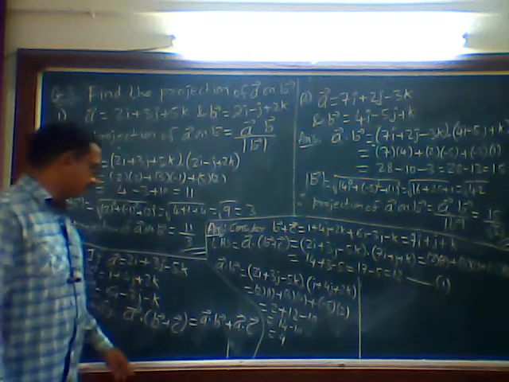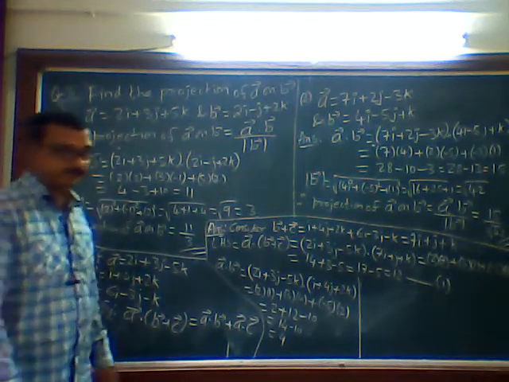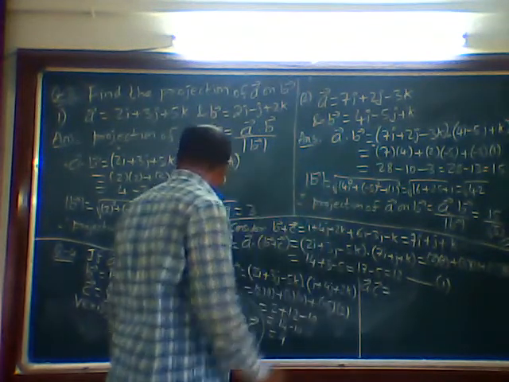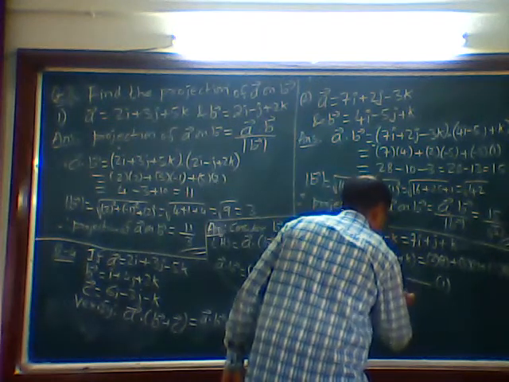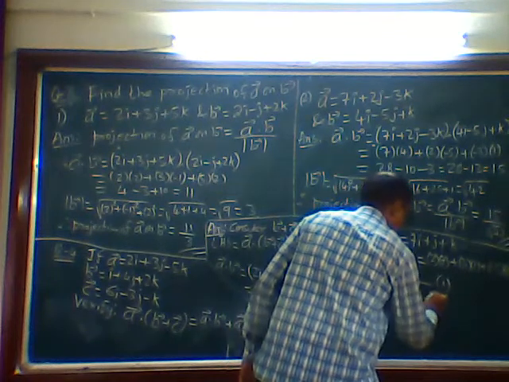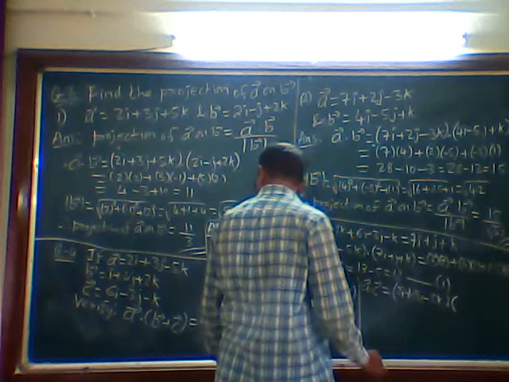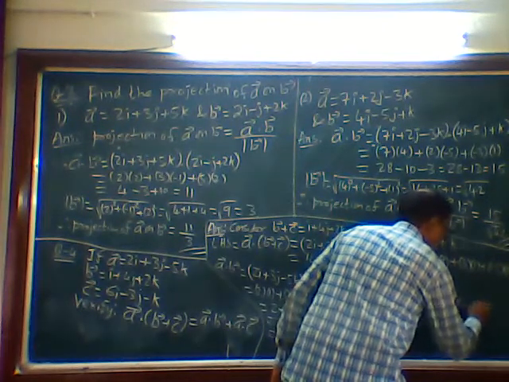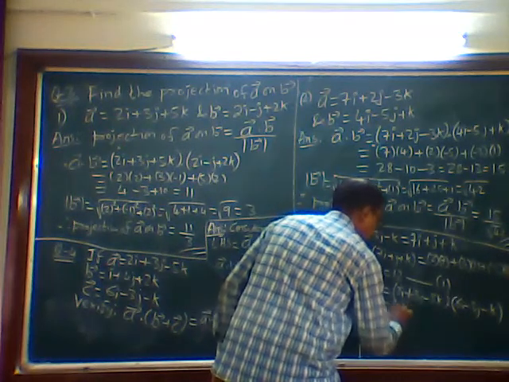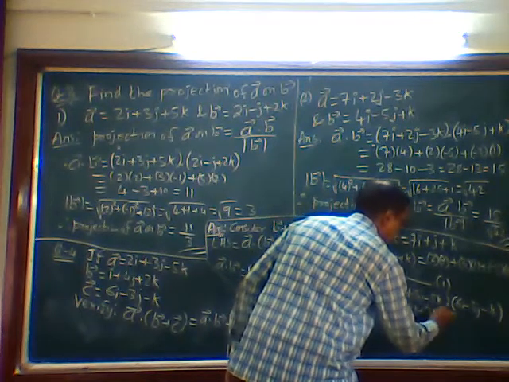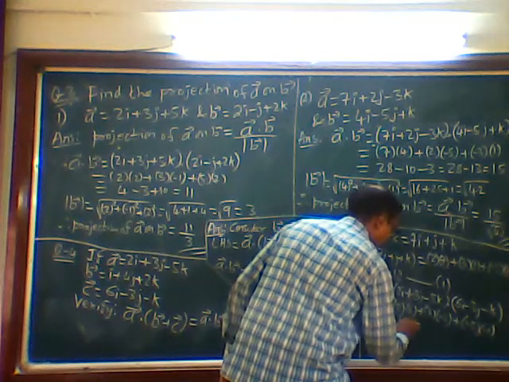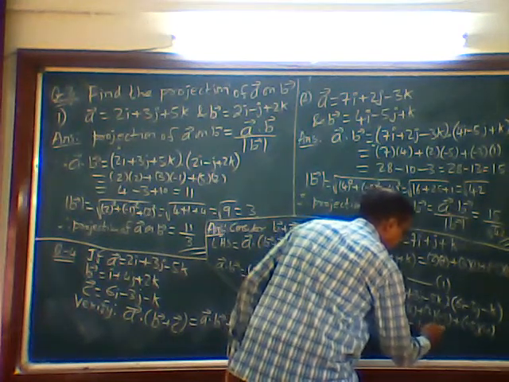Next I will find out a bar dot c bar. a bar dot c bar is what? 2i plus 3j minus 5k dot c bar, which is 6i minus 3j minus k. 2 into 6 plus 3 into minus 3 plus minus 5 into minus 1. 2 sixes are 12, minus 9 plus 5.